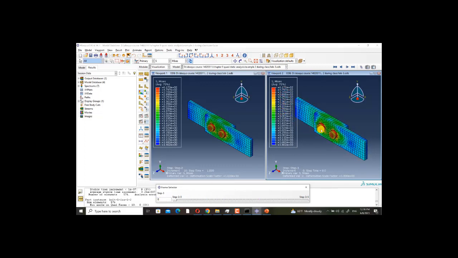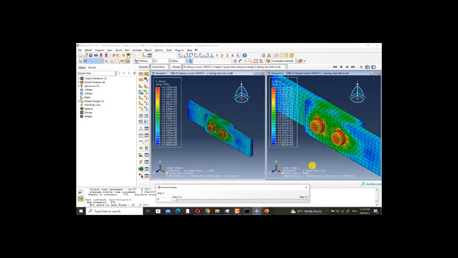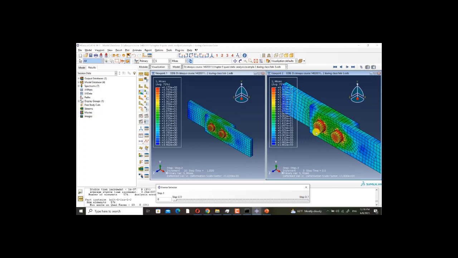And here we have the beginning of job 3. Please look at the results. They are the same, because we have imported the results, and it is running, and as you can see also it is deformed.